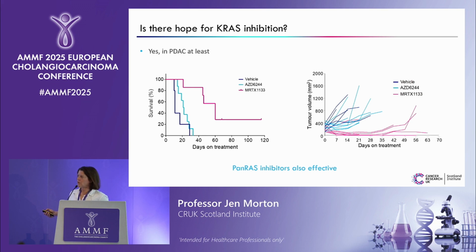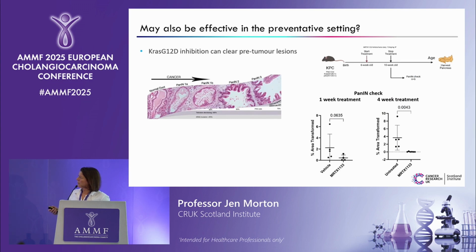We've done this with KRAS G12D inhibitors, but also the pan-RAS inhibitor, and you can see really nice responses in these mice. And for the early detection and intervention setting, again, this is pancreas, but we can actually clear preneoplastic lesions with these inhibitors, just putting the mice on treatment before there's frank tumorigenesis, and we can pretty much clean up all the preneoplastic lesions.